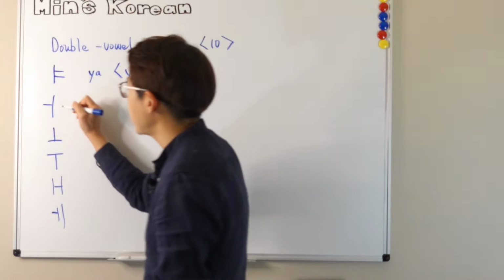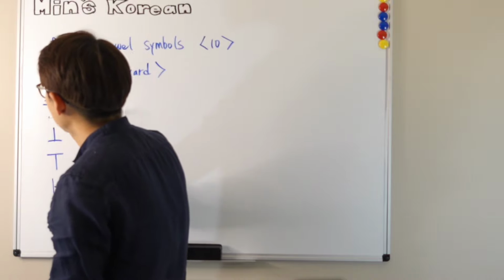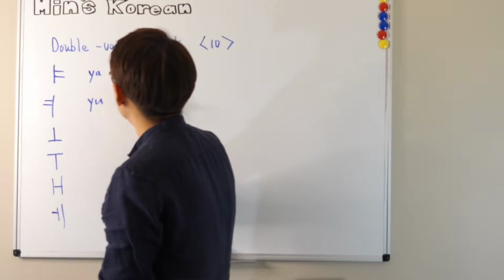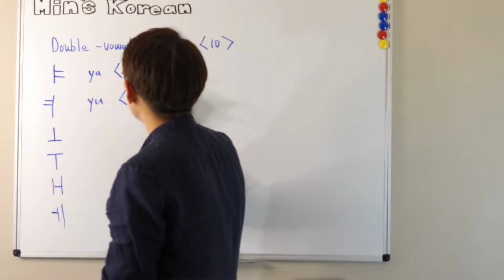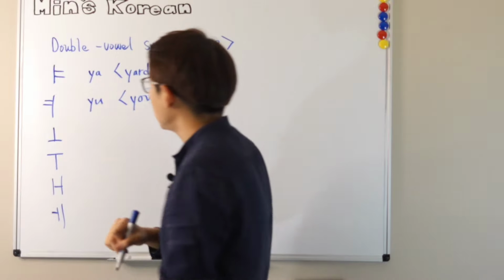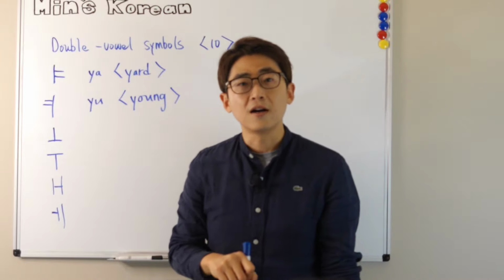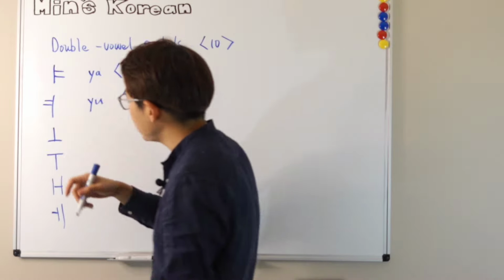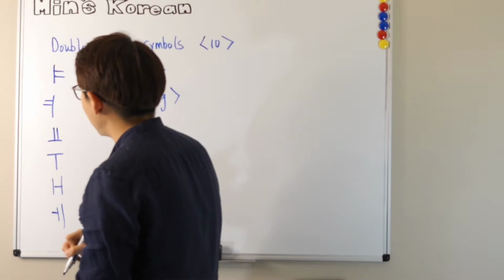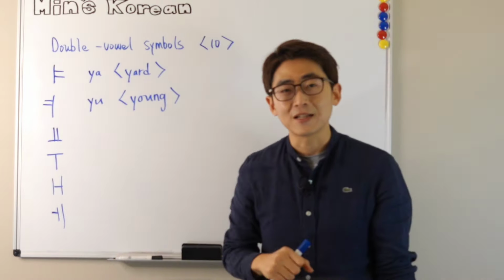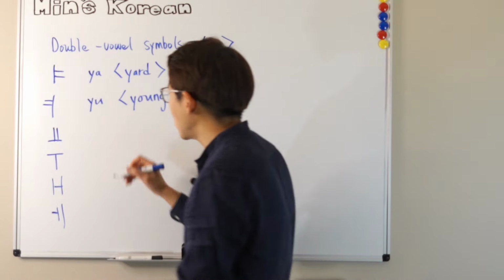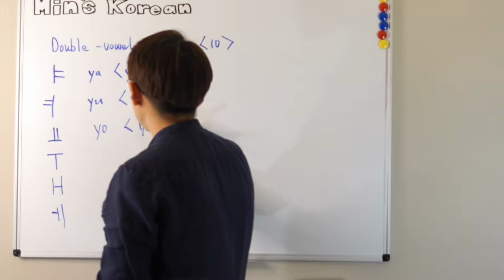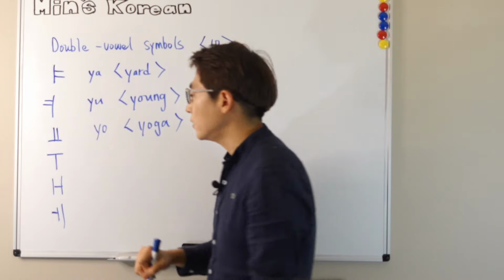And the next one we have A, and by adding one more stroke to that, we have young. All right, and the next one we have O, and it becomes, you can kind of guess right now, yo, as in yoga.